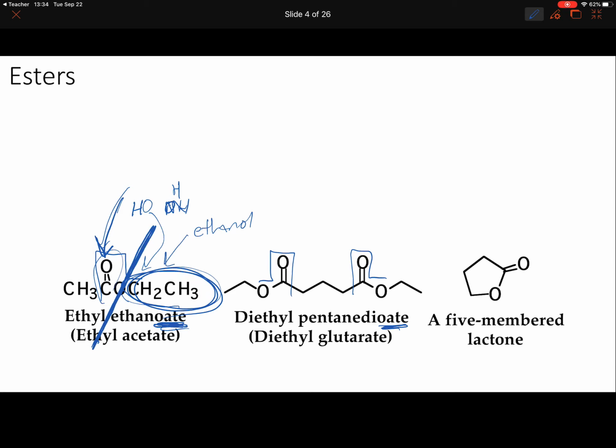So this is diethyl pentane dioate. So it's diethyl because this molecule, I'll show you what it looked like.